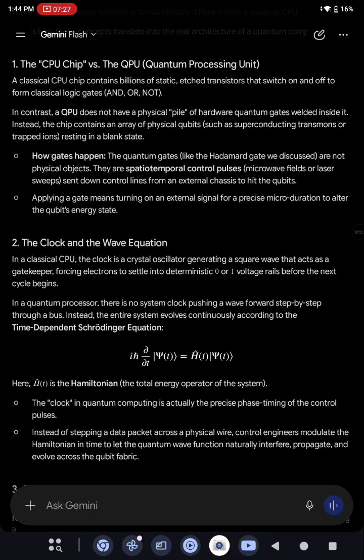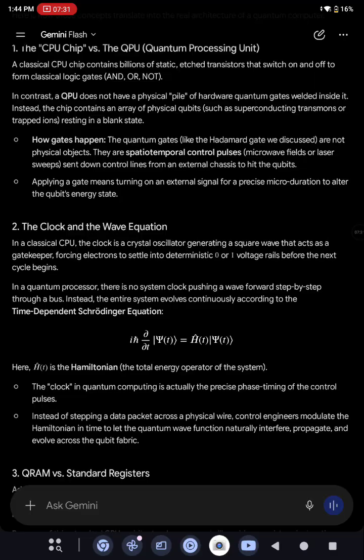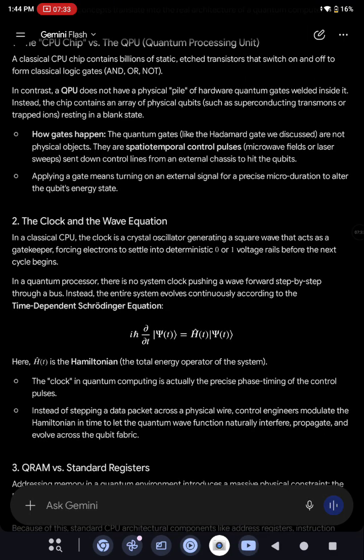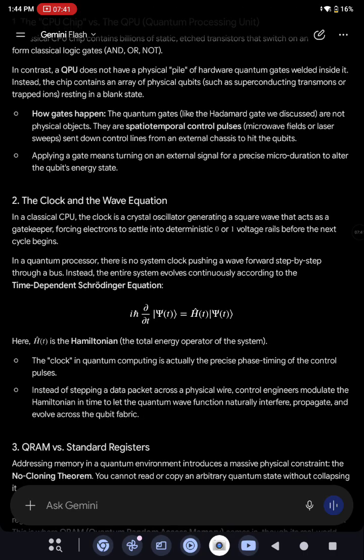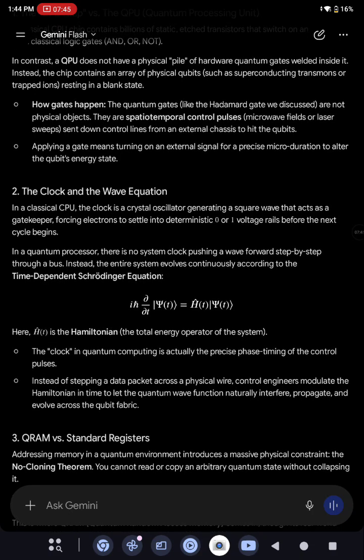The CPU chip versus the QPU. A classical CPU chip contains billions of static etched transistors that switch on and off to form classical logic gates. A QPU does not have a physical pile of hardware quantum gates welded inside it.